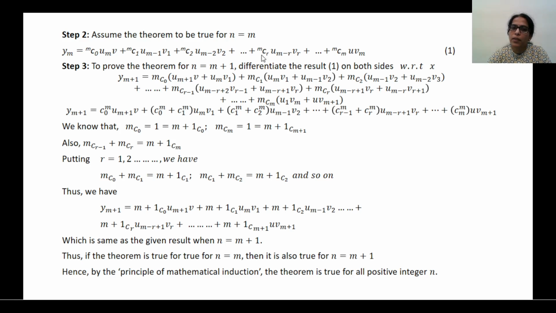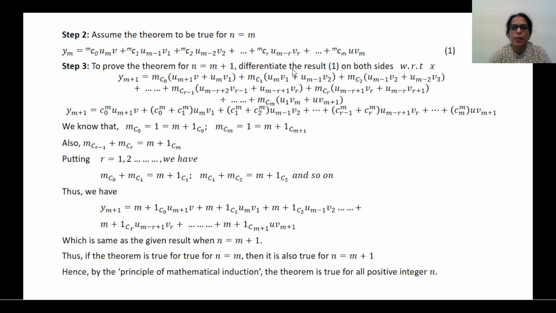What is the previous term of this? It's mC(r-1) u(m-(r-1)) into v(r-1) plus etc. plus mCm u into vm. Now we have assumed this result.